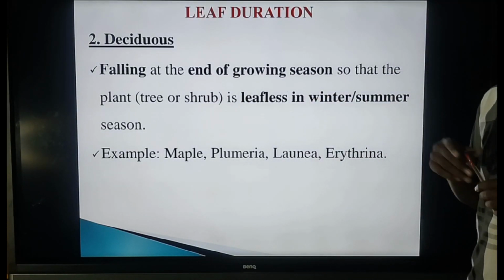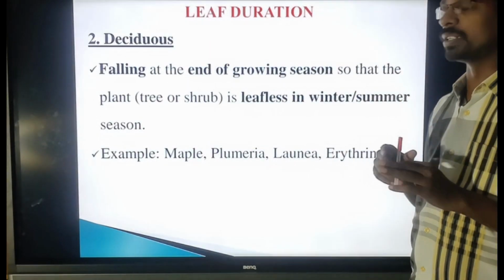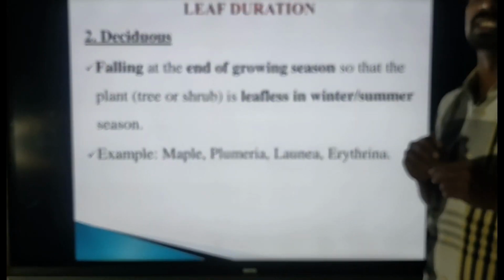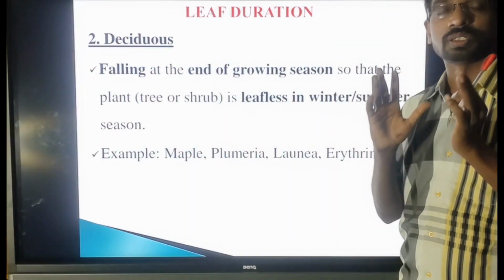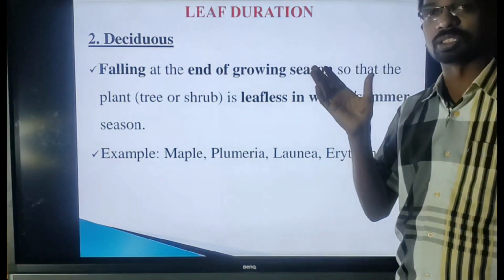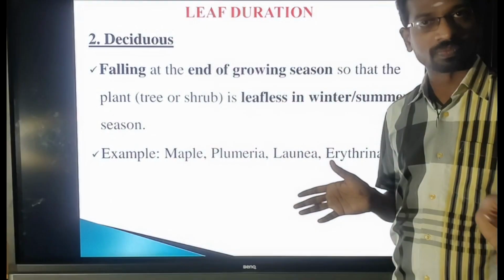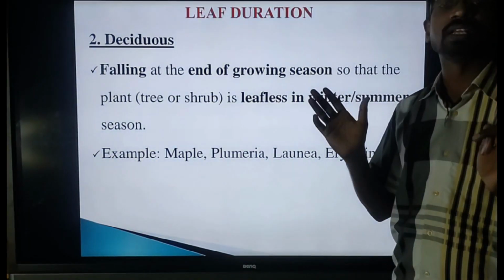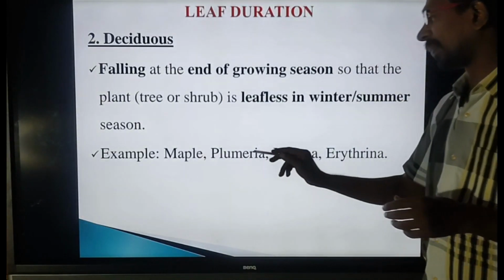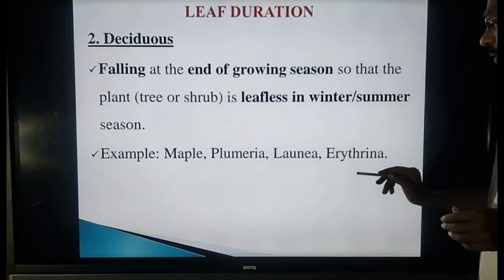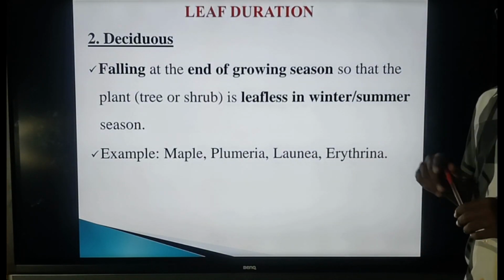As usual, the plant looks naked in the winter or summer season. Naked means only the stem and branches are present. All the leaves will fall off. Examples, Plumeria and Erythrina.